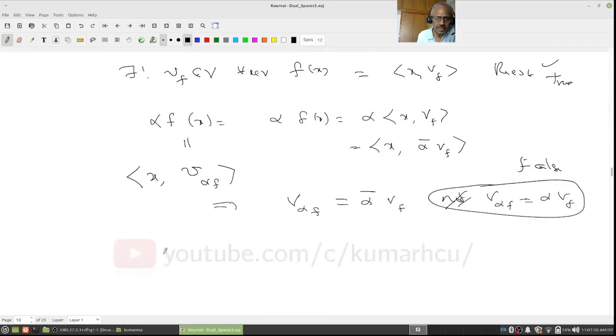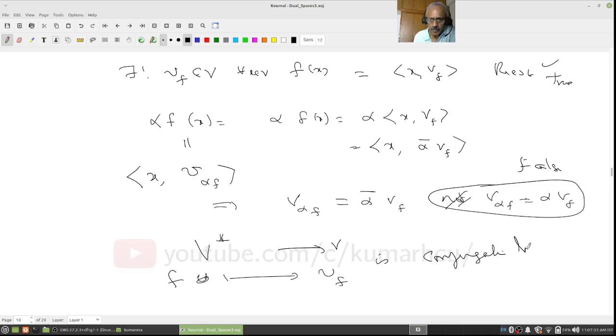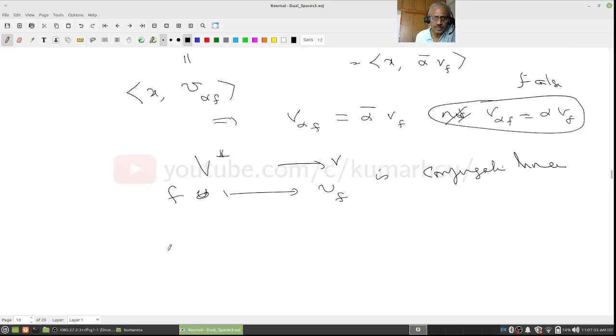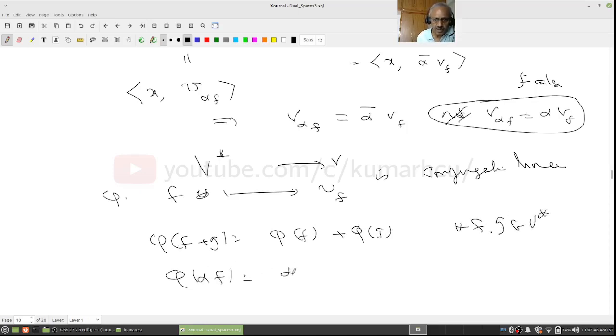So the map from V star to V, namely f going to v of f, is conjugate linear. What does it mean? Call it phi: phi of f plus g is phi of f plus phi of g for all f and g in V star, but phi of alpha f is alpha bar times phi of f, not alpha.